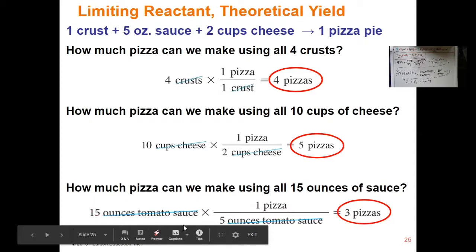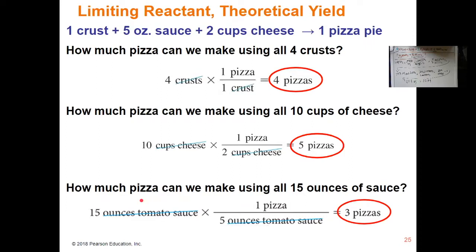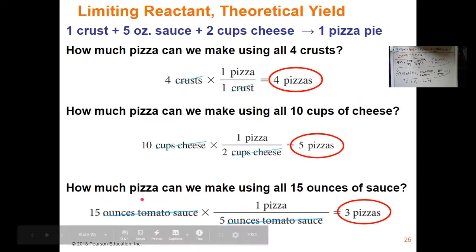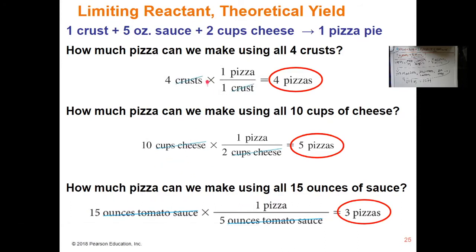The reactant that produced my theoretical yield, in this case the tomato sauce, is the limiting reactant of my reaction. It's what limits the amount of product I can make, because it runs out. The other 2 components, my cheese and my crust, are my excess reactants, because I still have leftover of both of them when I'm done making my pizzas.